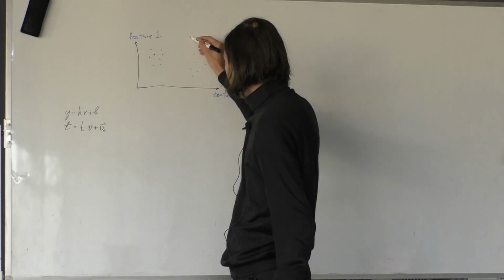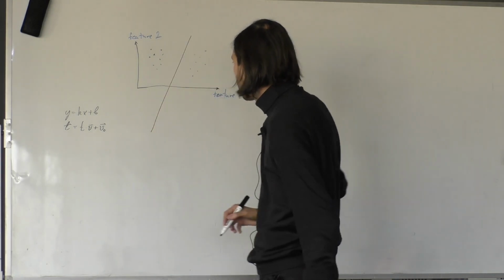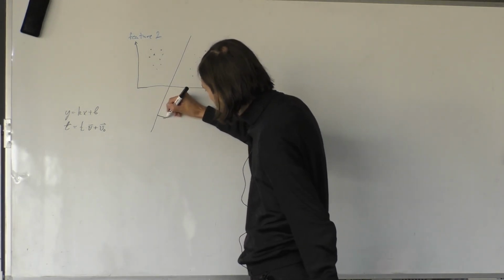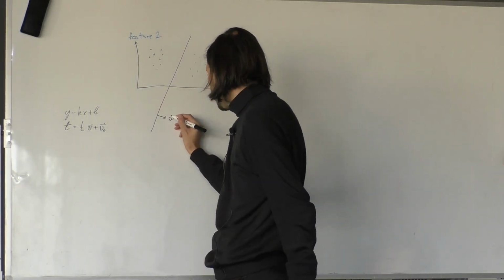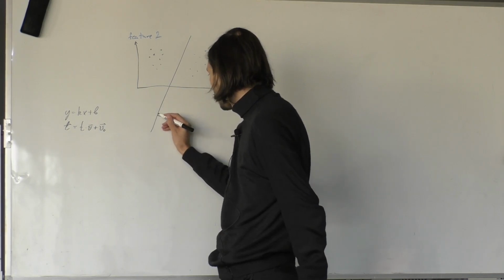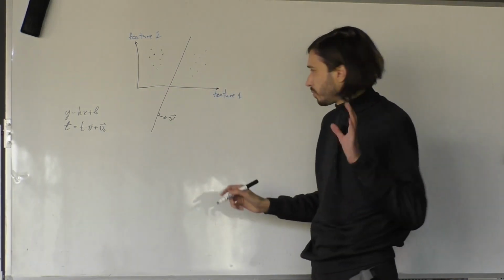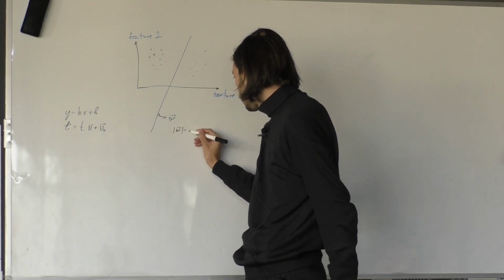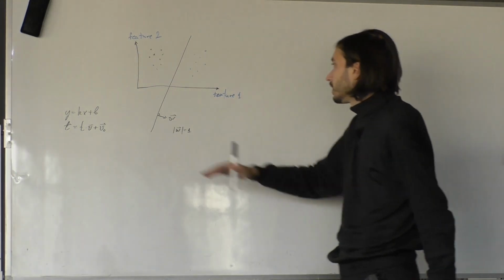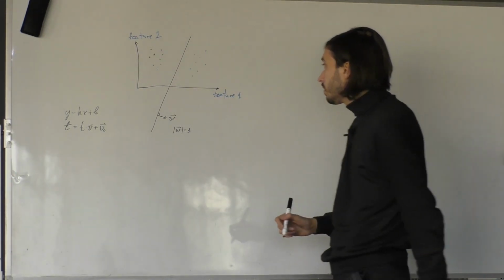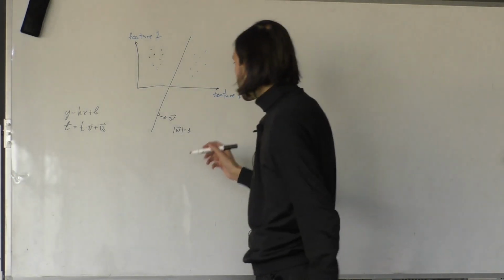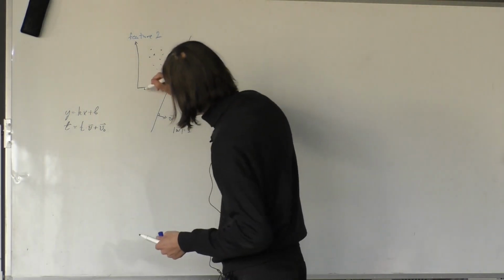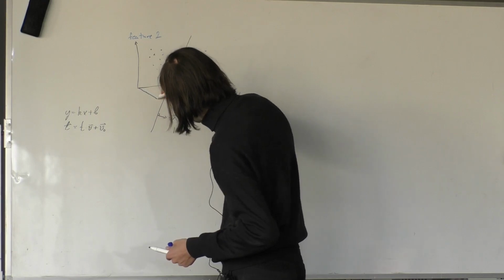If I have some line, so here's my line. Let me take some normal vector to this line and call it w. I will suppose that my w is unitary, for convenience. Now, what can we tell about the points on this line? Let me draw this thing right here.